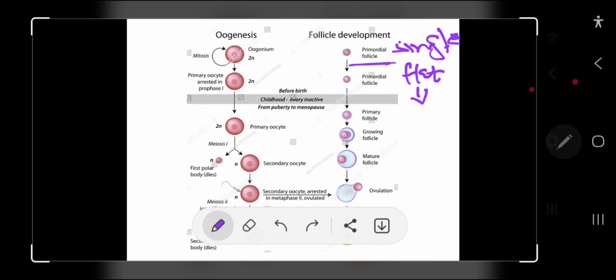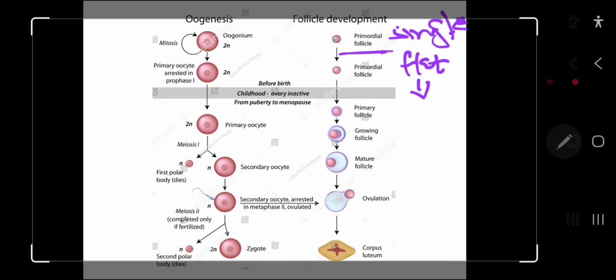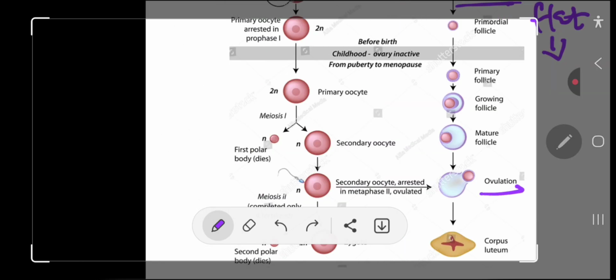This pre-ovulatory or dominant follicle will respond to luteinizing hormone and ovulate at the middle of the menstrual cycle. At ovulation, the secondary oocyte will be released and the remaining granulosa and theca cells will remain in the ovary to form what we call the corpus luteum.